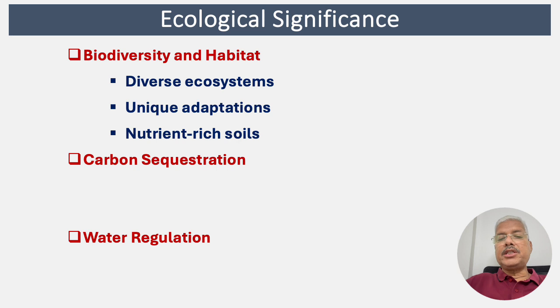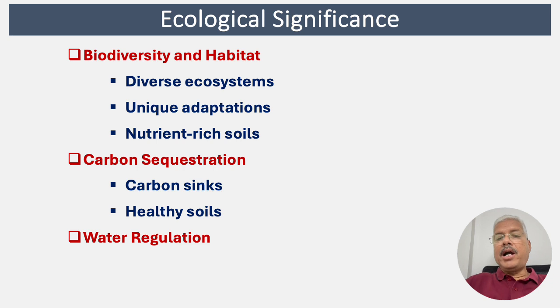Grassland soils are often rich in nutrients, making them highly productive for agriculture and supporting a diverse plant community. The grasslands store a significant amount of carbon in their soils, helping to mitigate climate change.